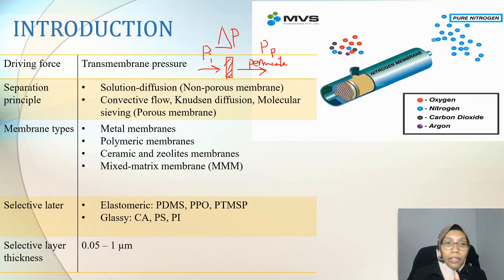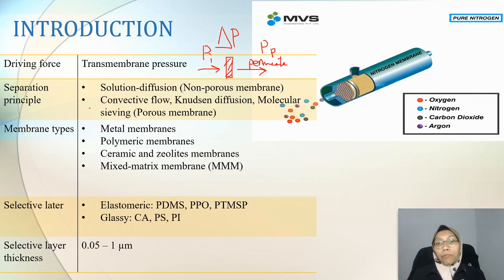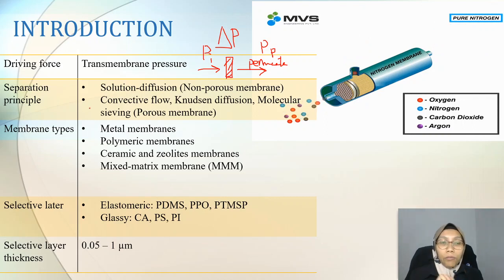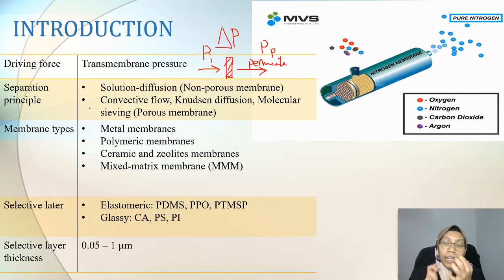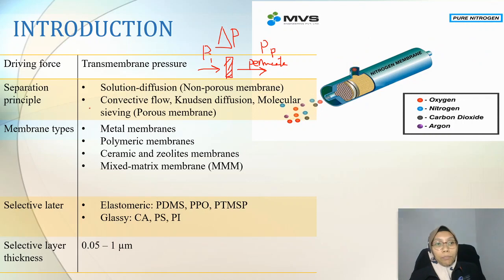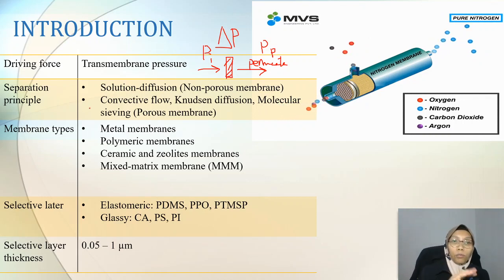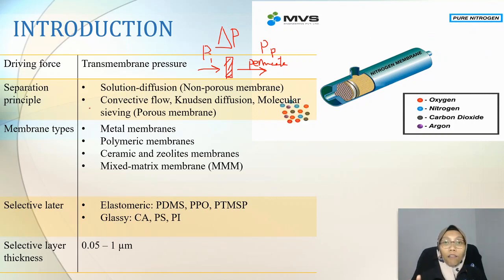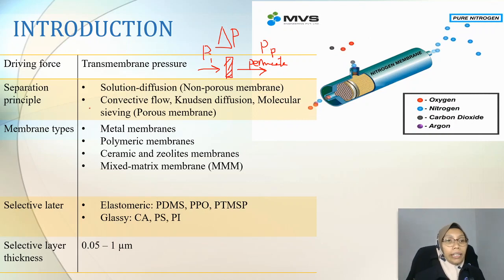And secondly, there is the porous membrane, where there are pores on the surface of the membrane, where three types of separation can occur: one is convective flow, secondly is diffusion, and lastly it may also occur based on the molecular sieving principle. How we differentiate between these three is based on the pore size of the membrane being used.